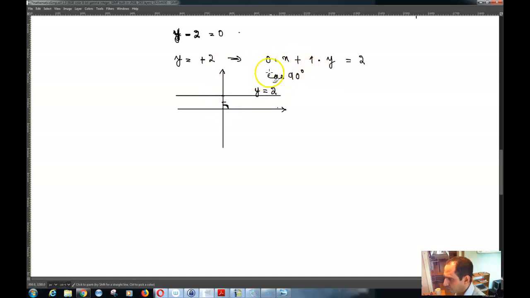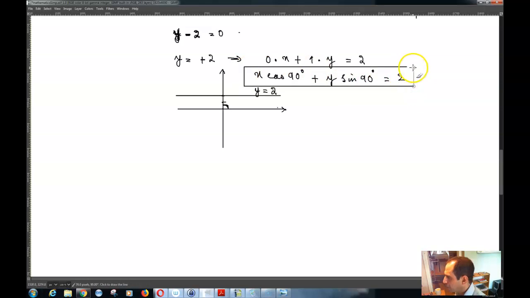So you can write x times cos of 90 degrees, and sine of 90 degrees is equal to 1, so y times sine of 90 degrees is equal to 2, and that's the equation of your line. So x times cos of 90 degrees plus y times sine of 90 degrees is equal to 2.